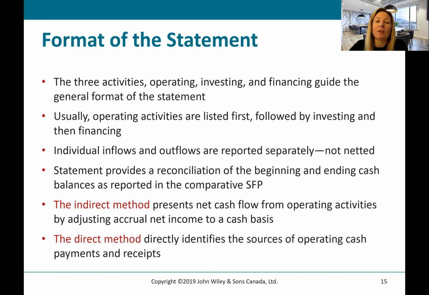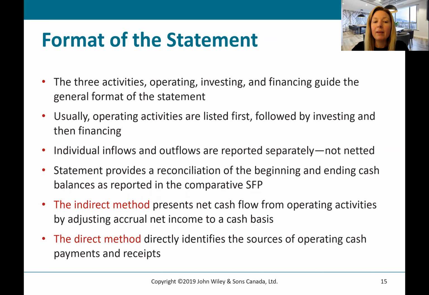Usually operating activities are listed first, followed by investing, and then financing. Individual inflows and outflows are reported separately. They're not netted. The statement needs to be presented on a gross basis. The statement provides a reconciliation of the beginning and ending cash balances as reported in the comparative statement of financial position.